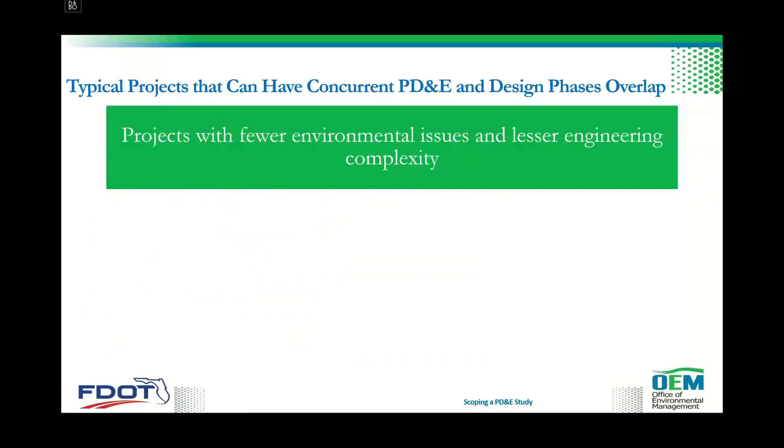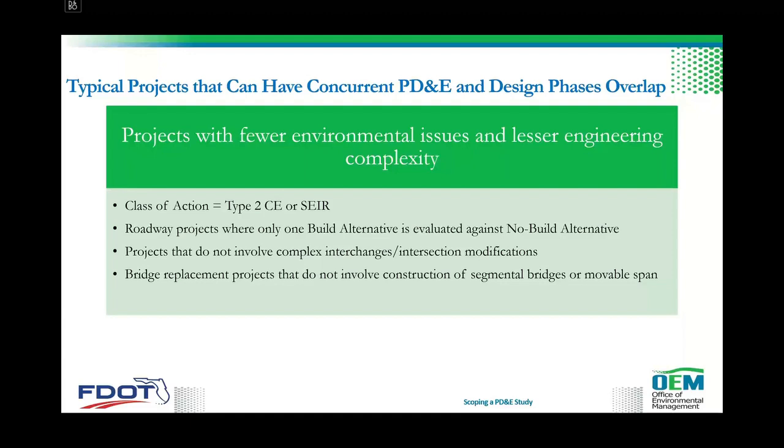Okay, so projects that have fewer environmental issues and lesser engineering complexities are good candidates for overlapping phases, PD&E and design phases. For example, class of actions would be the type 2 CEs or SEERs, roadway projects where only one build alternative is evaluated against the no build, projects that do not involve project interchanges, intersections, or intersection modifications, and bridge replacement projects that do not involve construction of segmental bridges or movable spans.